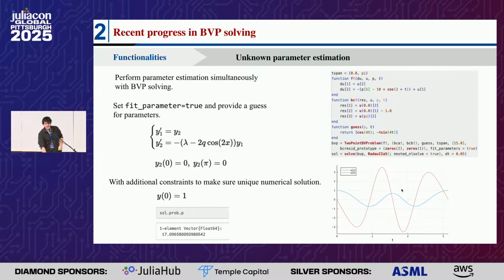And ta-da! It will just give you a solution that does the parameter estimation and the BVP solving at the same time. And again, it's fully adaptive, right? It's adapting its time steps and everything as it goes along to make sure that the truncation error and the error estimates are sufficiently small, hitting the accuracy that you need.